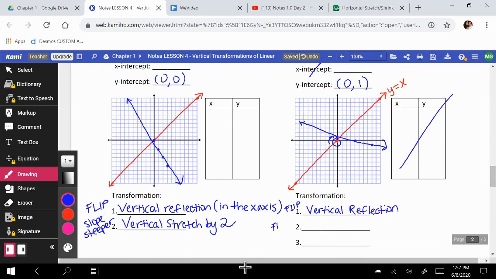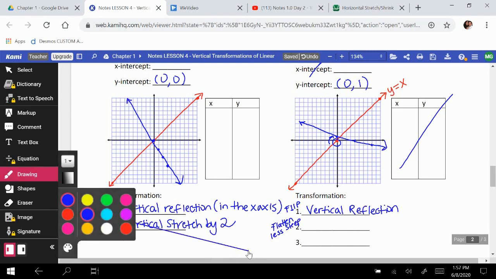It flattened, or less steep, which would be a vertical shrink.